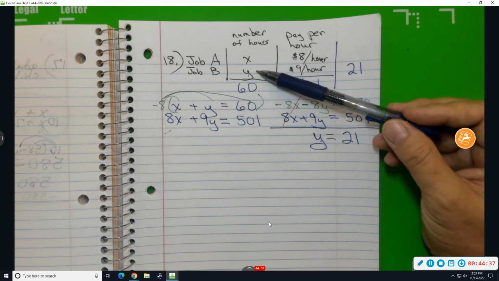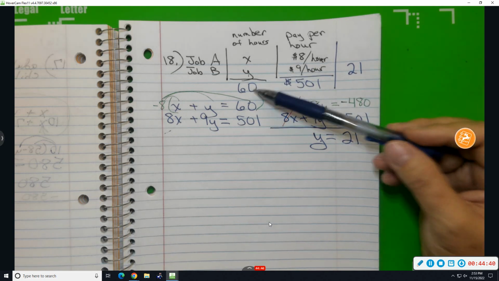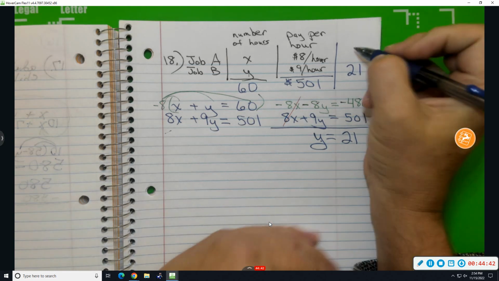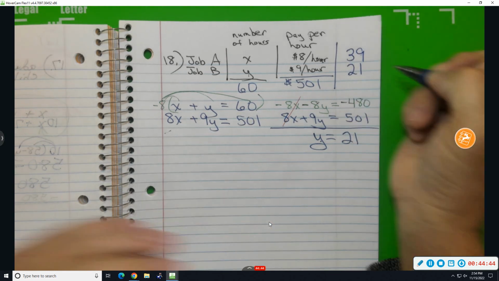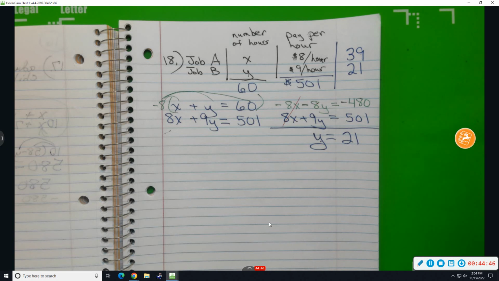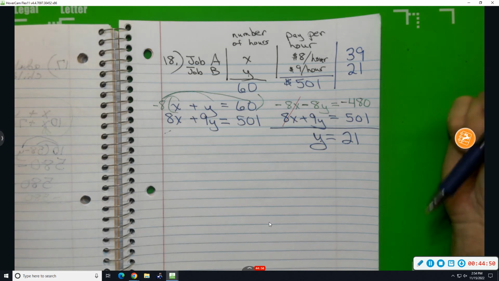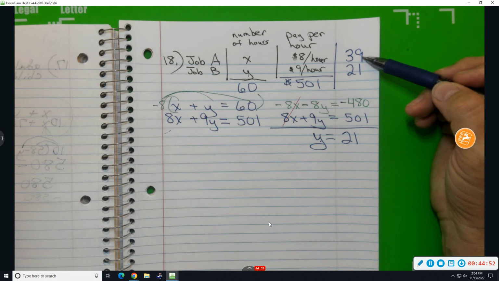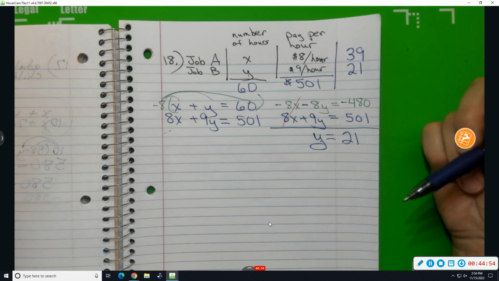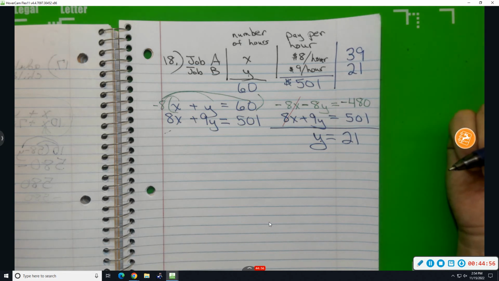What number plus 21 gives you 60? 60 minus 21 gives us 39. Well, that's really annoying. I know it. So he worked 39 hours at job A and 21 hours at job B. Any questions there?